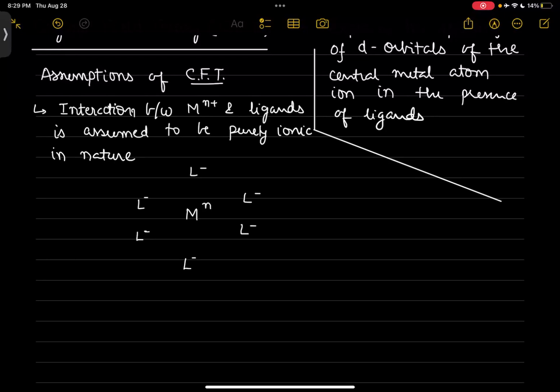If the metal is positively charged and the ligands are negatively charged, they hold each other by electrostatic force of attraction, or ion-dipole interaction.